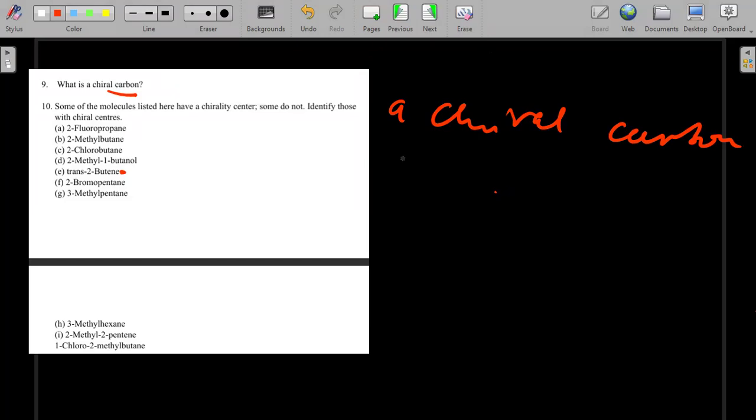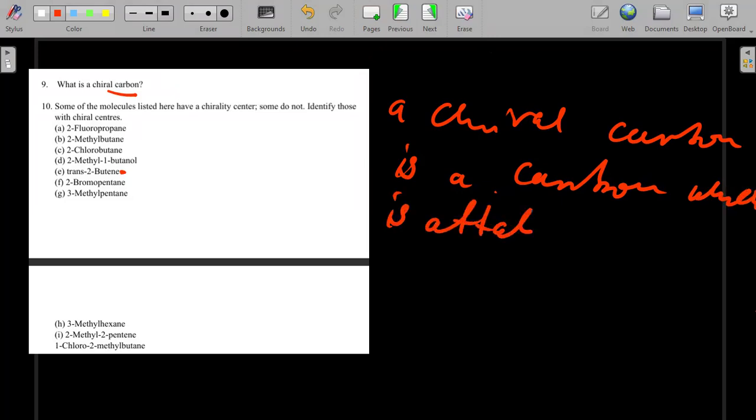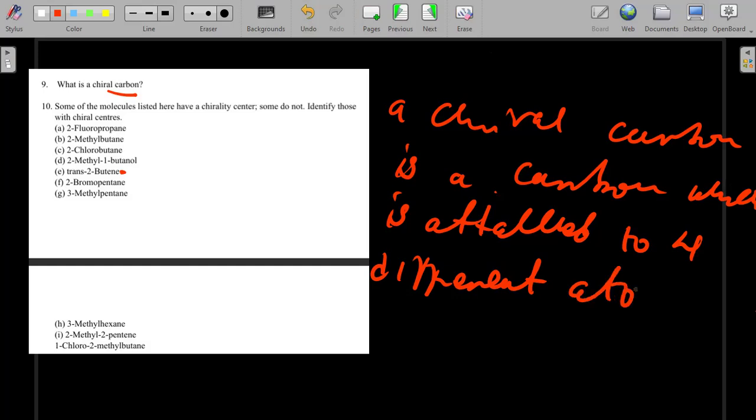A chiral carbon is a carbon which is attached to 4 different atoms or groups. That's what a chiral carbon is.